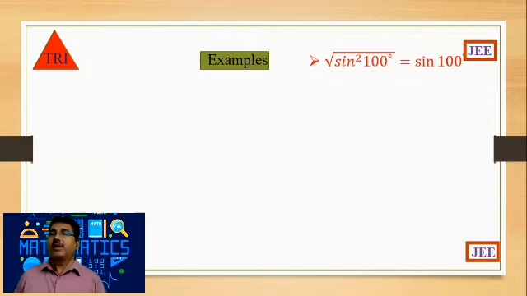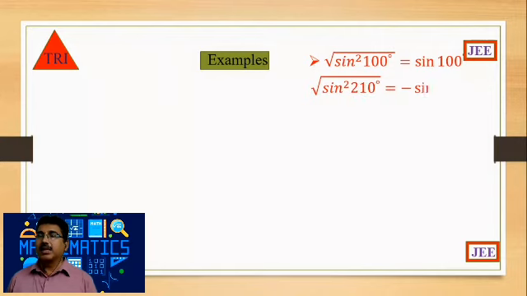Now, what is the value of root sine square 210 degrees? In this case also, students say sine 210 degrees. But this is not correct. Since 210 degrees belongs to the third quadrant, and in the third quadrant sine is negative, root sine square 210 degrees is equal to minus sine 210 degrees.